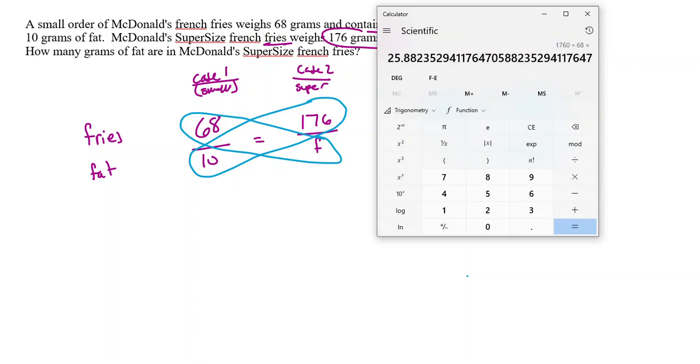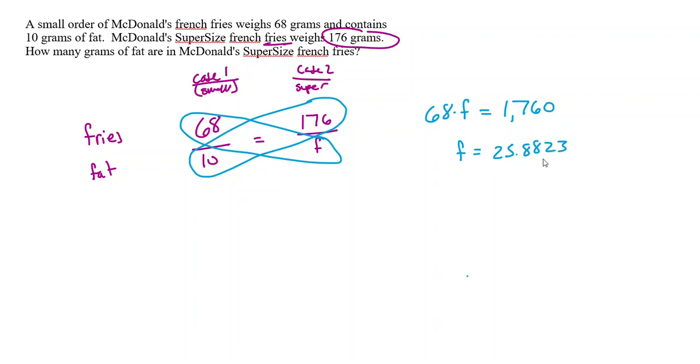Notice that that's a decimal that keeps on going. It might repeat itself eventually, although it kind of looks like it does eventually start to repeat itself. So that's a non-terminating decimal. We don't really care about after the first tenth of a gram or hundredth of a gram of fat, how many thousands and millions of grams of fat there are.